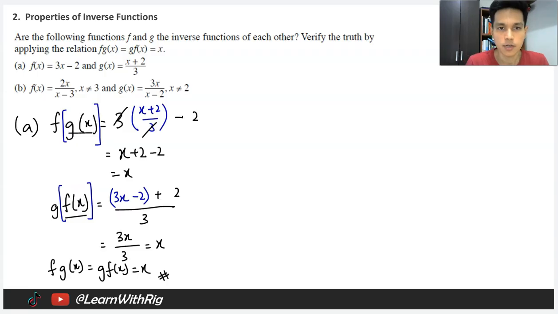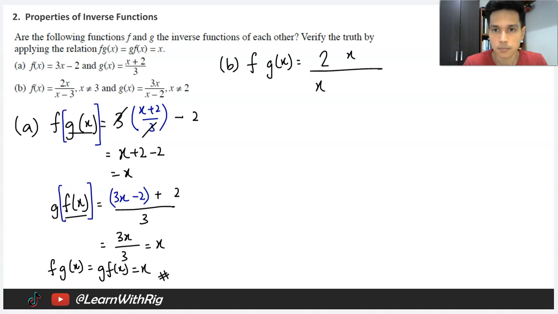Okay, now let's look at b. Let's do the first part, f(g(x)). So what is f(x)? f(x) is 2x over x minus 3. This one needs more space. But now you're going to substitute the x value as g(x). Why? Because g(x) now is the object.